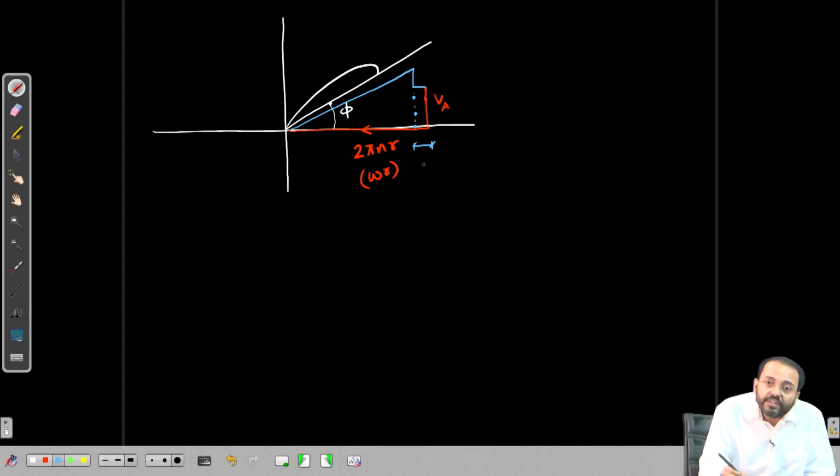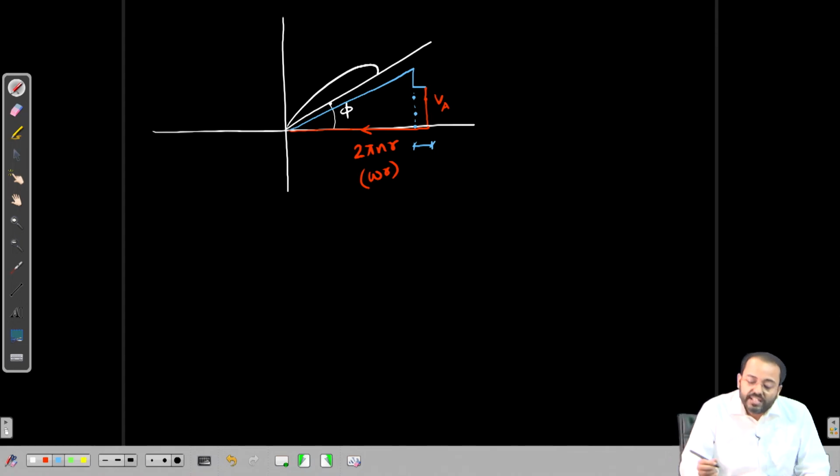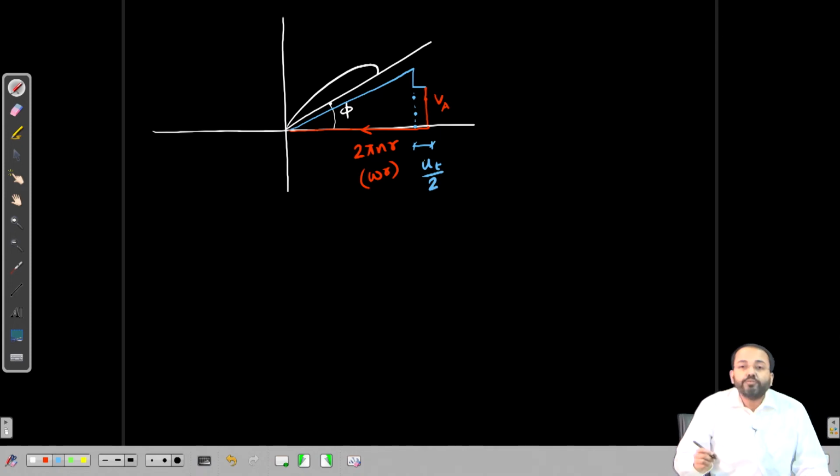Here we have found the relation between the tangential induced velocity and the circulation. So, we will write it as ut, and because it is at the propeller plane, we will write it as ut by 2. So, we assume that at the propeller plane, both the induced velocities, axial as well as tangential, are half that of the values induced far downstream.